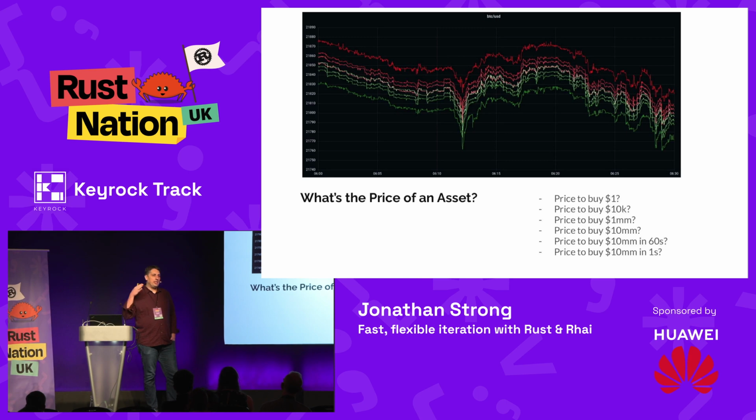But to get into that, I wanted to go into some of the context that we're using it in and start with what is the price of an asset. When you go to the store, obviously there's a single price for the item that you want to buy, and you can buy as many of them as they have there.